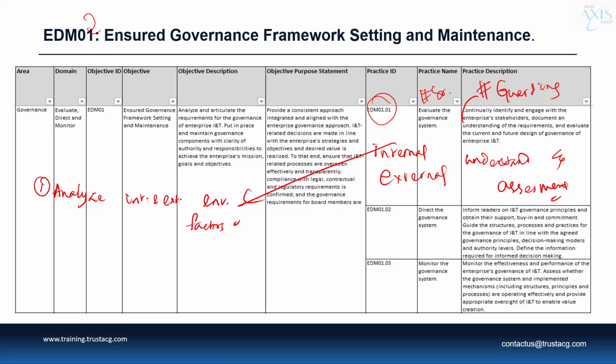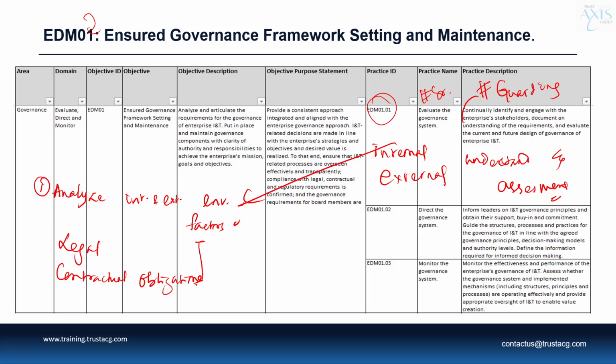Okay. So here you are expected to evaluate what your legal requirements are, what your regulatory requirements are, and what your contractual obligations are, right?